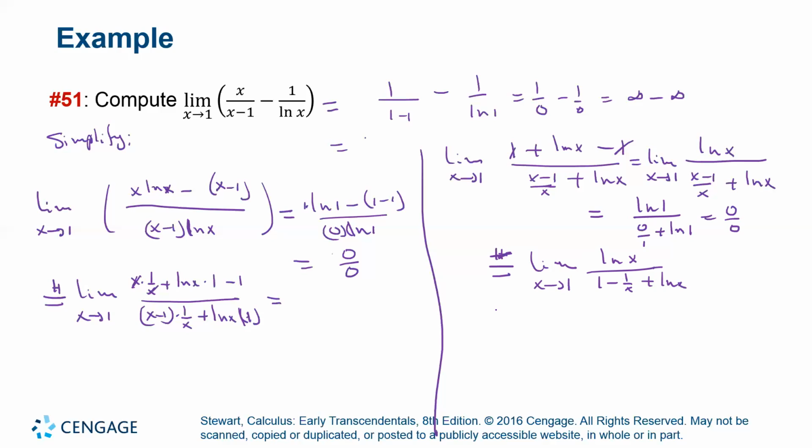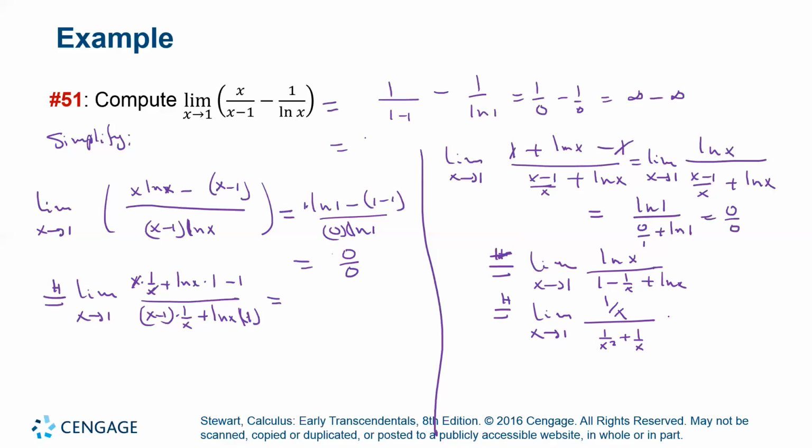And so if we apply the L'Hopital rule here, this will give me the limit as x goes to 1 of 1 over x, and this will be 0. To differentiate minus 1 over x, that will give me plus 1 over x squared, and then plus 1 over x.